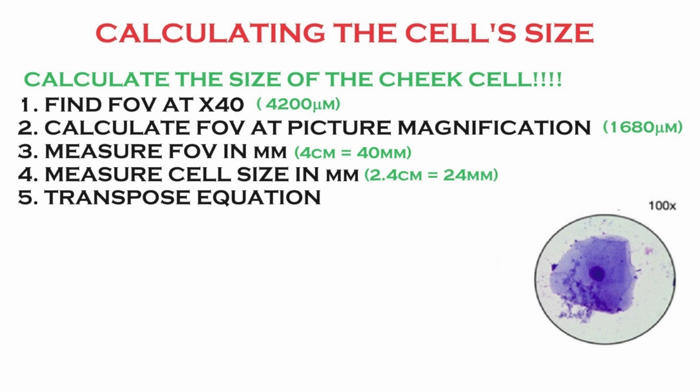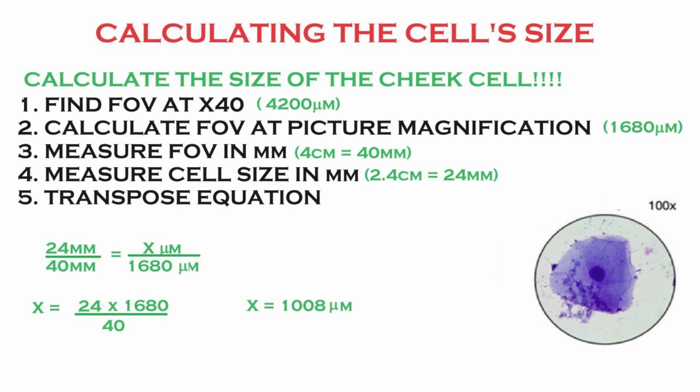I measured the size of the cell in the diagram, and it was 24 millimeters. Therefore, I put it into the equation. 24 equals x, over 40 equals 1680. Then I transpose the equation, so x is 24 times 1680 divided by 40, and the length of the cell is 1008 micrometers.